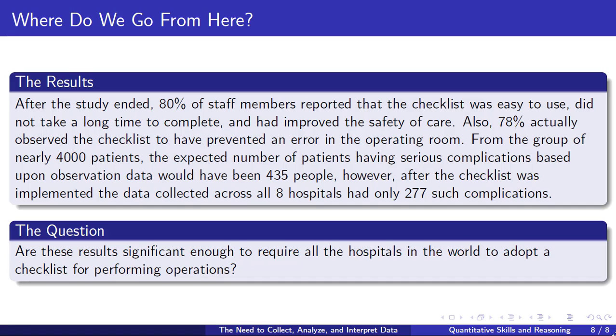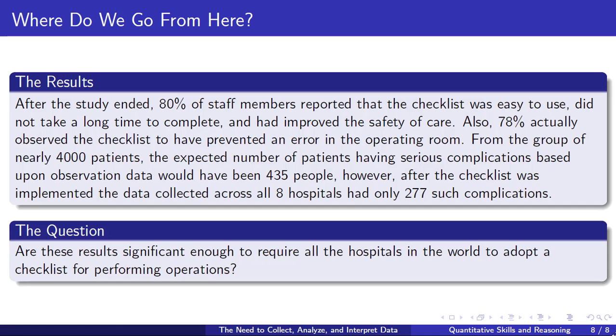So making decisions based upon the data provided, that's what we have to analyze. Just to further explain, across all these 8 hospitals, the major complications fell by 36% after introduction of the checklist. And on top of that, the number of deaths fell by 47%. So hopefully that hits the point home in terms of being able to analyze some data that's come before you.